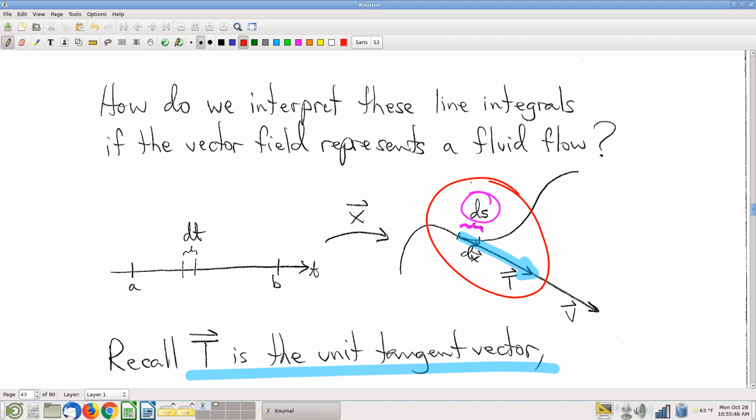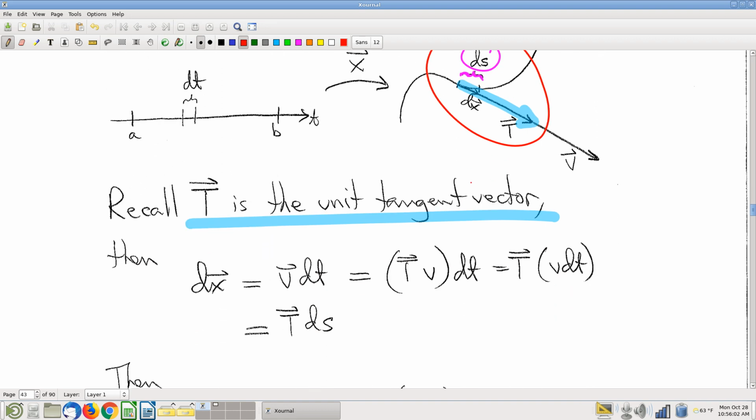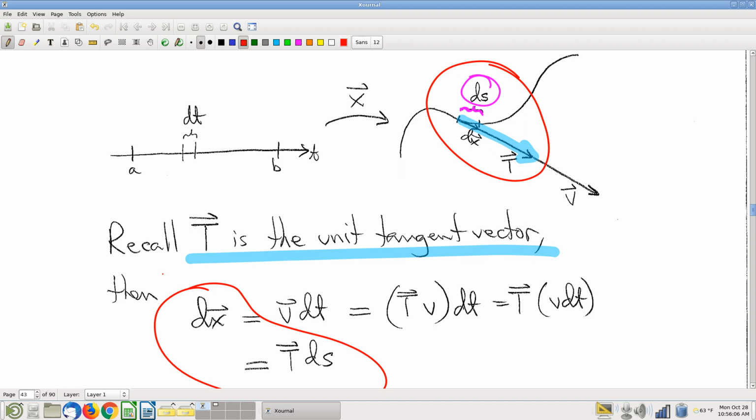The dx vector points in the same direction as T. T has length 1. If you multiply by ds, now we've got a vector of length ds. dx has length ds. So these two vectors both point in the same direction as dx. They both have the same length as dx. So they're the same vector.